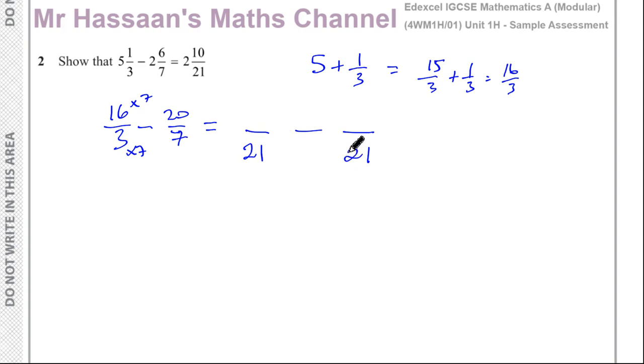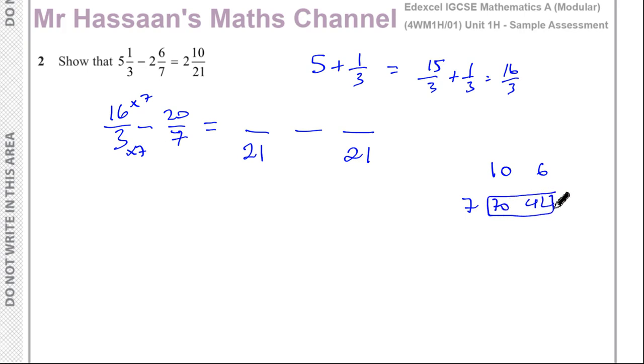Now you can use your calculator for that. That's fine for that particular calculation. But just to keep your mental maths up, 16 times 7, if you haven't memorized it, you can do a nice little quick way of doing this. 10 and 6, that's 16. 7 times 10 is 70. 7 times 6 is 42. When I add these together, I'm going to get 7 times 16.